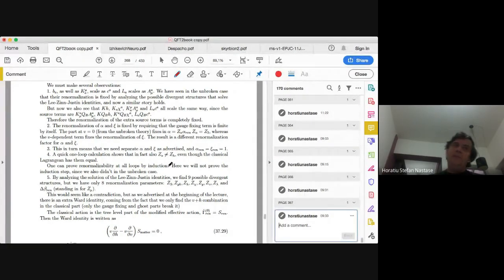So in the quantum theory, because of the gauge fixing term that treats them differently, at the one-loop level they appear with different renormalizations. That's to be expected. But then, as we said, the counterpart of that is that there should be a Ward identity acting on the effective action.